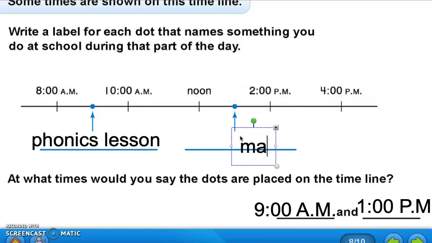We're working on some math during that time, or we might even be going to a special at that point. So we might be doing music class or art class, or PE class, or library, okay? But those are just some things that I'm thinking about a regular school day. We would be in these places during those times, okay?